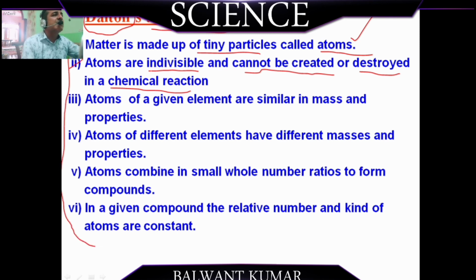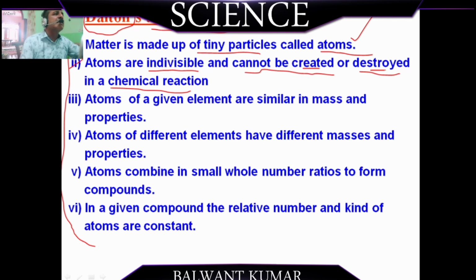But here he committed a mistake. Here he was wrong when he said that the atom is indivisible. Anyhow, we'll discuss it later. Okay, atoms cannot be created or destroyed, in this he was right.